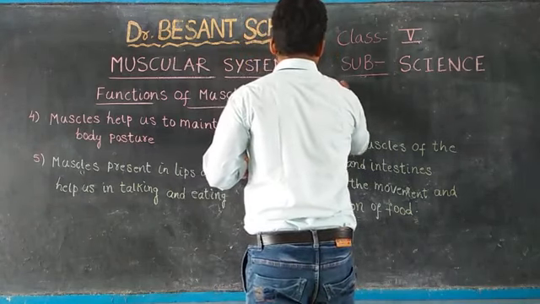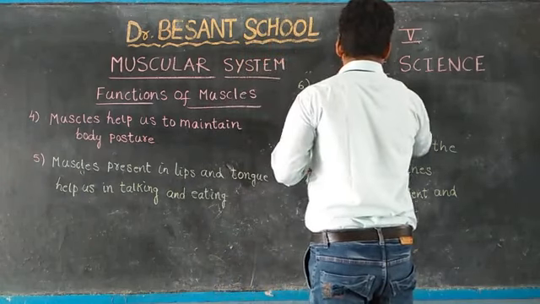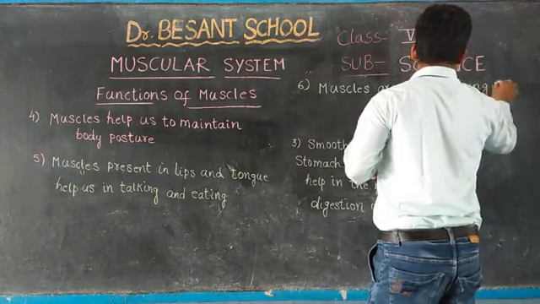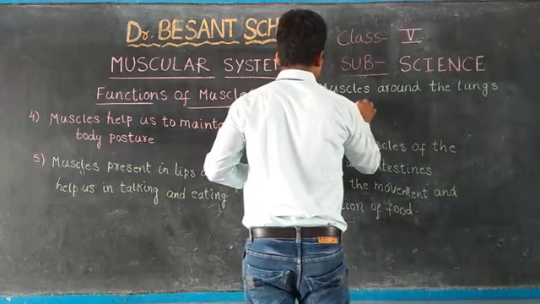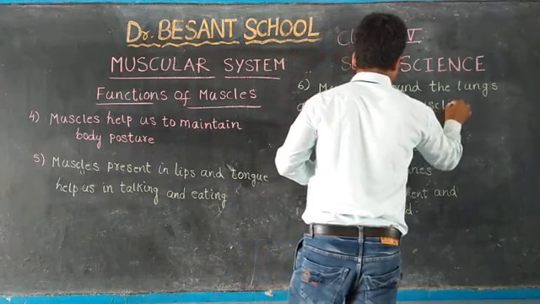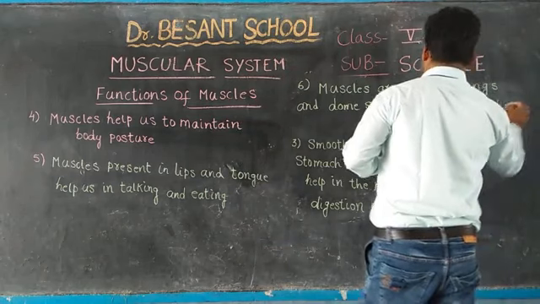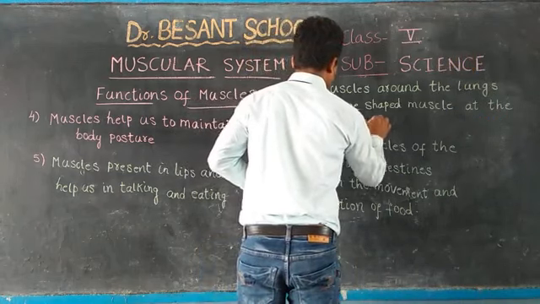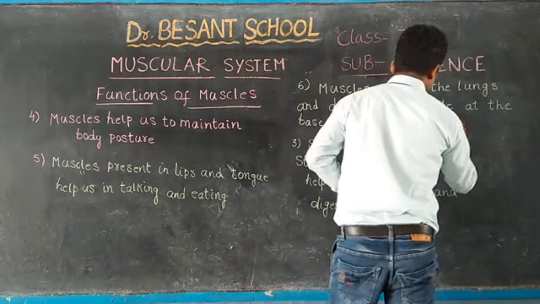Muscles around the lungs and the dome-shaped muscle at the base of the chest help in breathing.